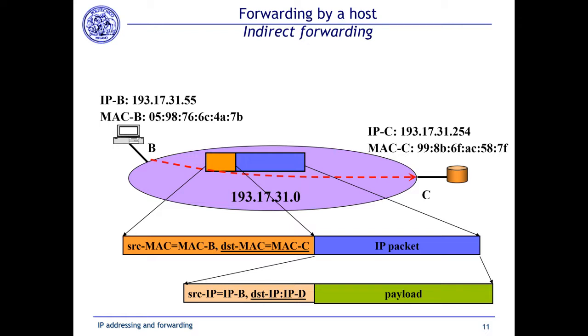So in direct forwarding, the destination MAC address corresponds to the destination IP address. In indirect forwarding, the destination IP address is the final destination. The destination MAC address is the local destination, so the local interface of the router. Okay.